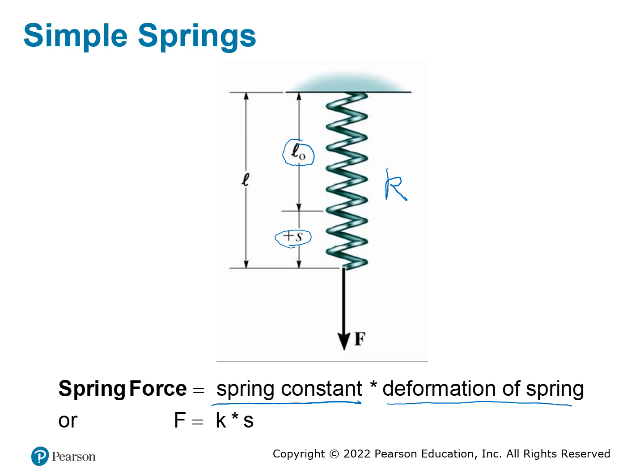That means the spring isn't under any load. That's the original length. When you apply a force, it's going to change its length, but at the same time, it's going to create a spring force. So the spring force is proportional to how hard the spring is, which is the spring constant, and how much of the deformation.